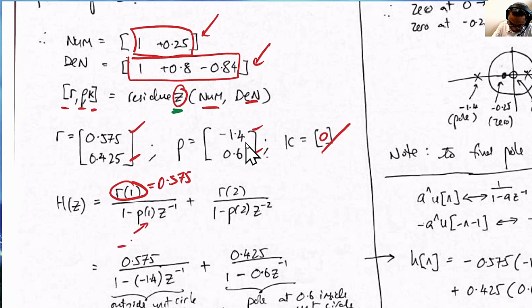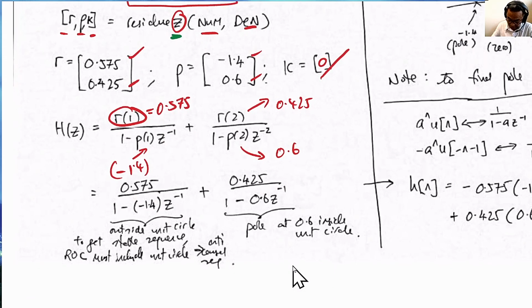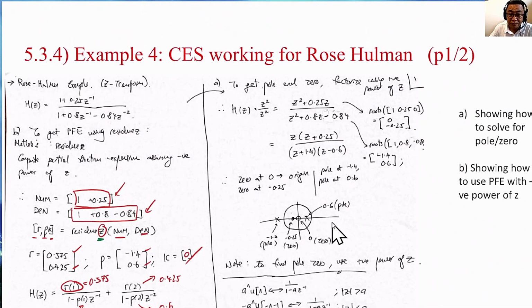This one is minus 1.4. This one is 0.425. This one is 0.6. Okay, scratch that. So these are the correct values, and when I put it here, this is the final answer. Once I have it in this form, then I can perform a lookup table depending on my ROC.